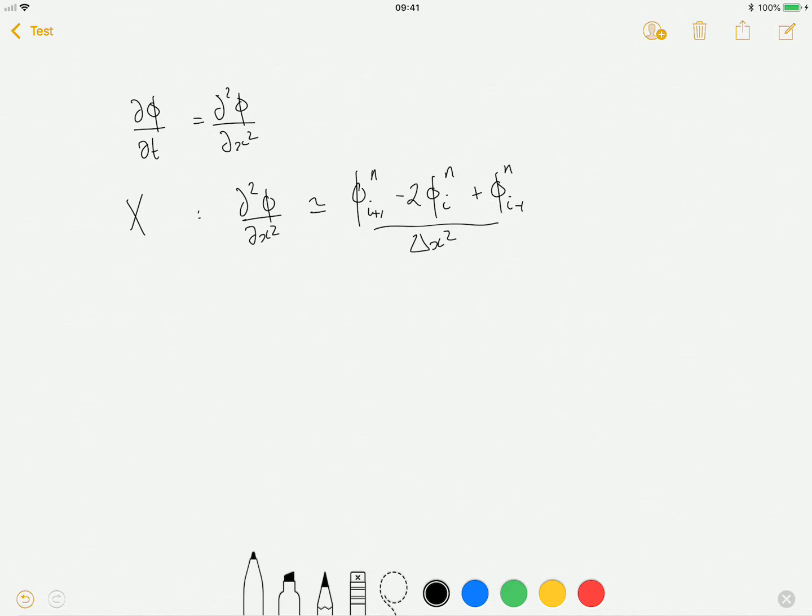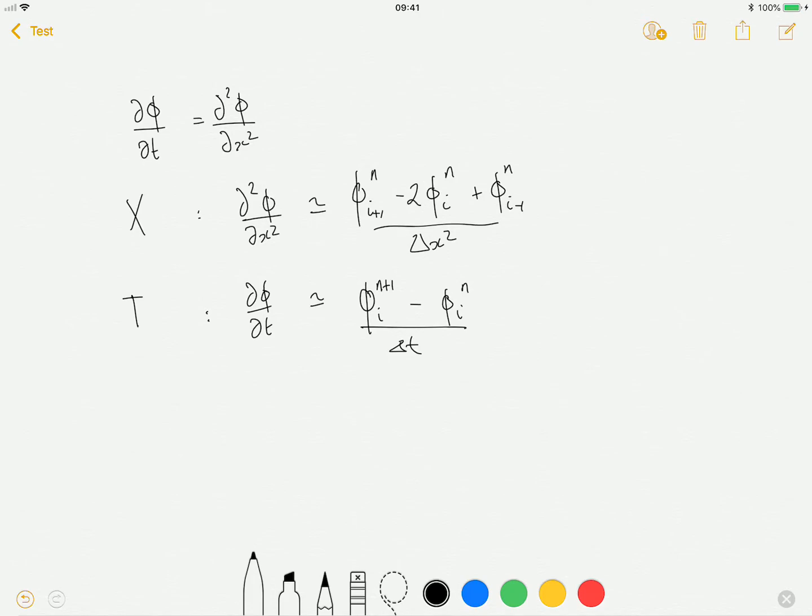We then need to include our time dimension, so we can use a first forward difference for this. So that is ∂φ/∂t can be approximated by φ at grid cell i for time n+1 minus φ at grid cell i for time n, all divided by Δt.